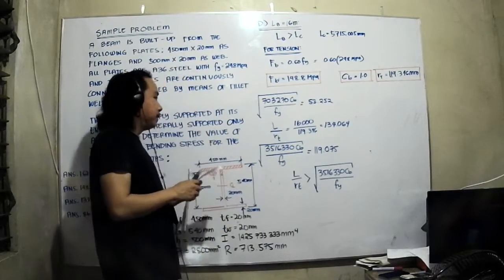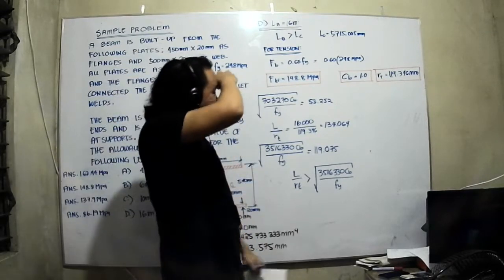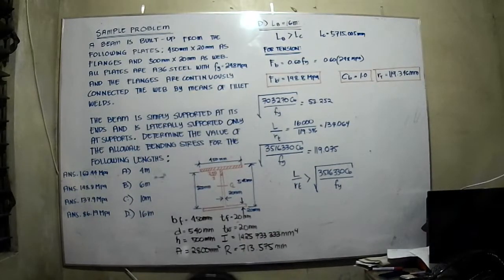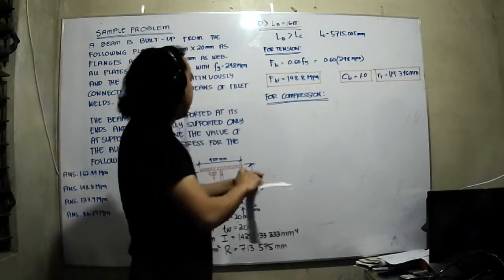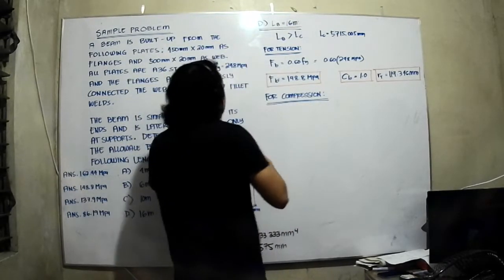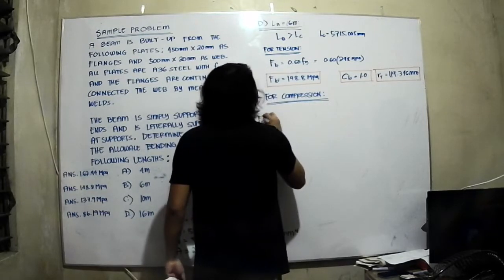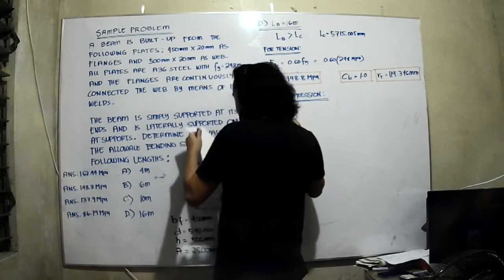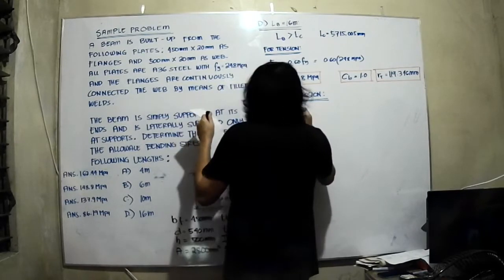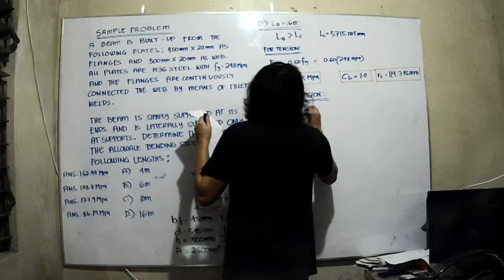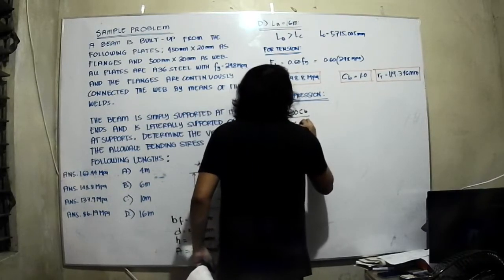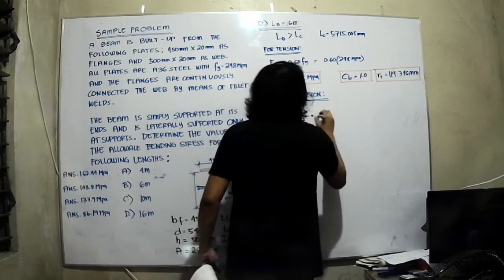Okay? So let me make room for this. Now, solving for compression, we will use a different equation. We have FB equal to 1172 100 CB divided by L over RT squared.